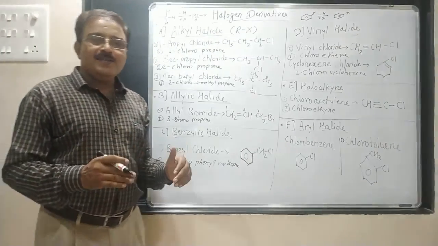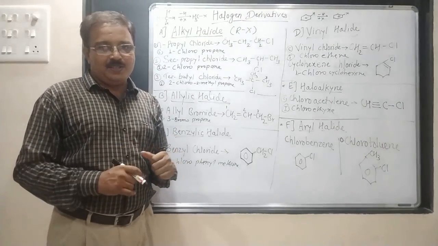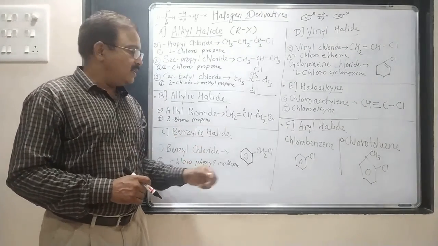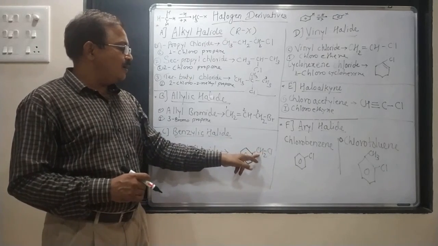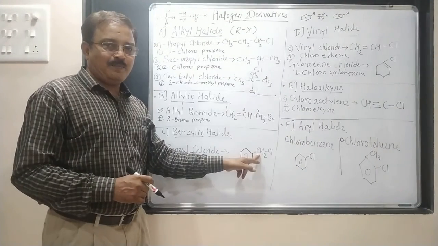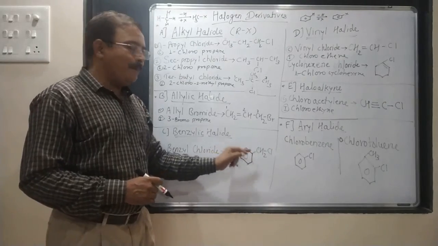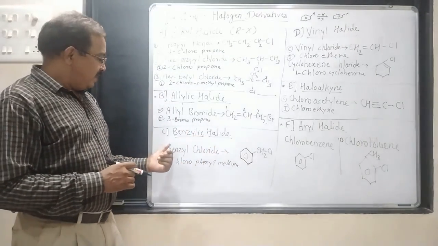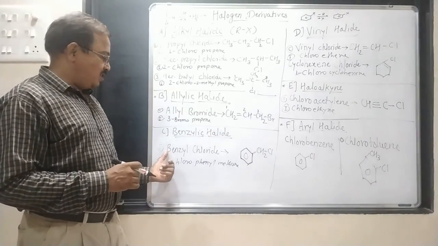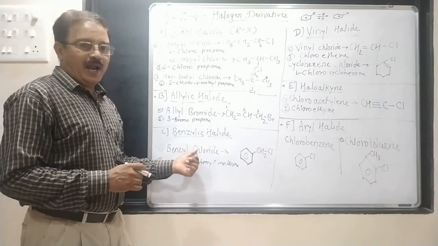Now the third class is there, that is benzylic halides. Again, let us try to understand the characteristic of benzylic halides. So let us take here one example. Halogen is attached to an sp3 hybridized carbon atom which is attached to a benzene ring, called benzylic halides. Okay, now the common nomenclature of this: benzyl chloride.